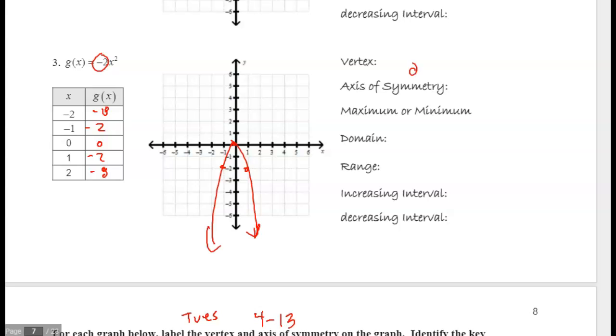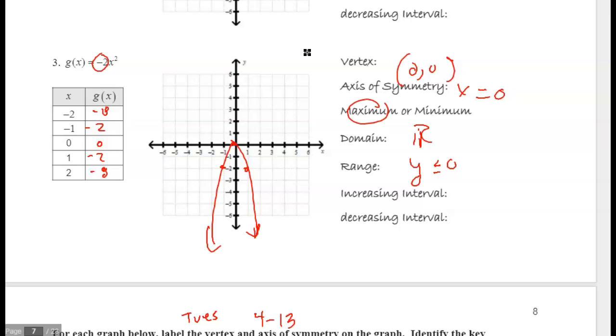Same thing, vertex still at 0, 0. Axis of symmetry is at x equals 0. Max or min, we have a maximum point. And again, that would be at your vertex point. Your domain is all real numbers. Your range is anything less than or equal to 0.